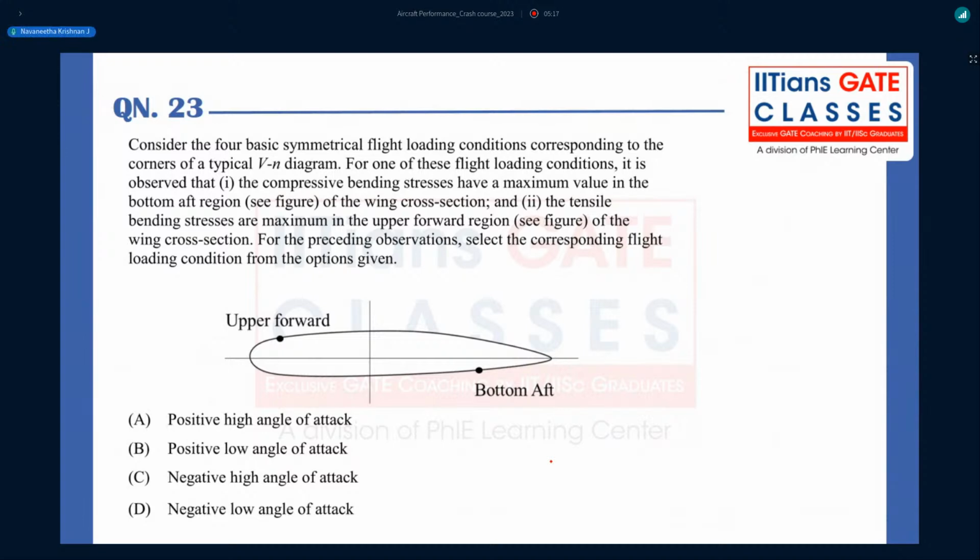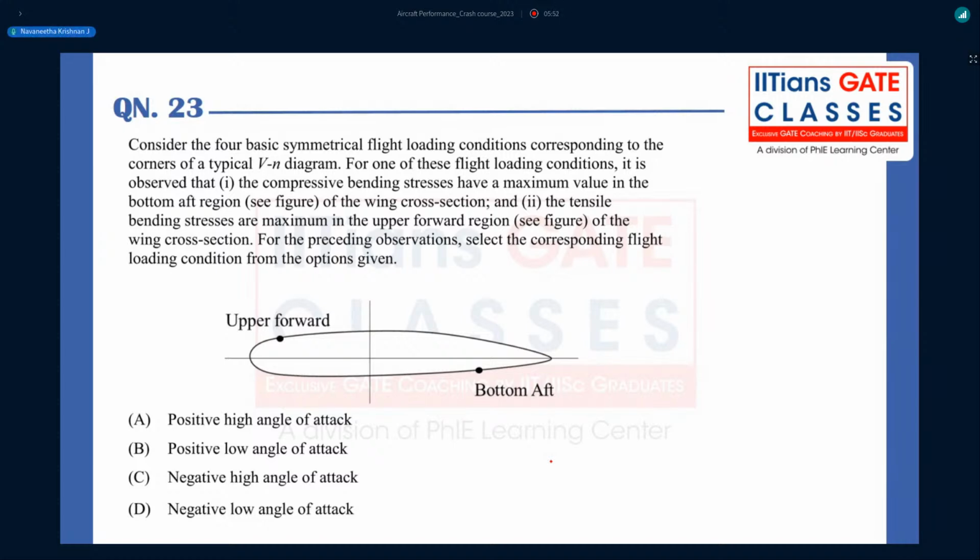For one of the flight loading conditions, it is observed that compressive bending stress has a maximum value in the bottom half region, see the figure of the wing cross section, and the tensile bending stress is maximum in the upper forward section of the wing cross section. For the preceding observation, select the corresponding flight loading condition from the options given.